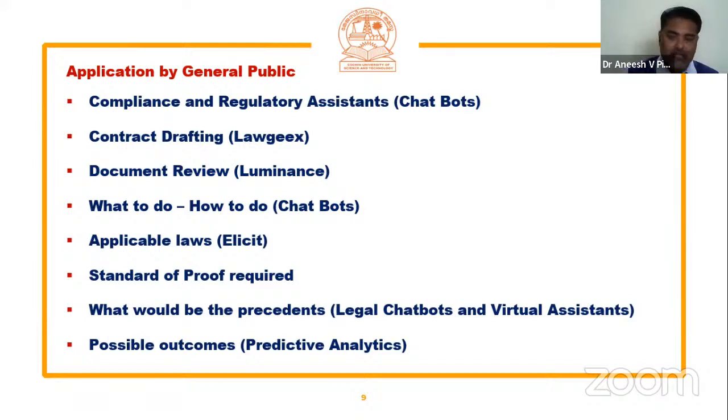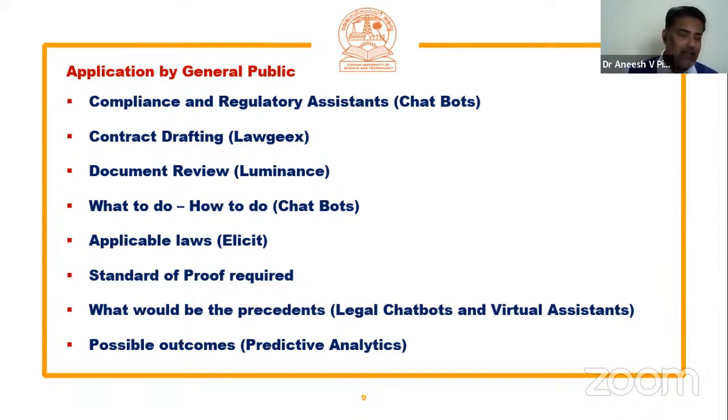Then applicable laws. There are several AI tools like Elicit. They will help you. Suppose I am a common man, I want to file a writ petition for a particular aspect. Before filing, I want to know which is the applicable law in that and how this law will be applied and what standard of proof is required for that. All that I can get through AI tools.